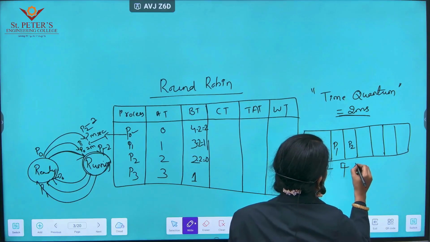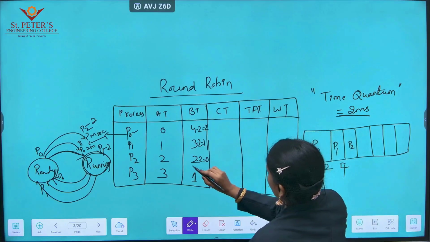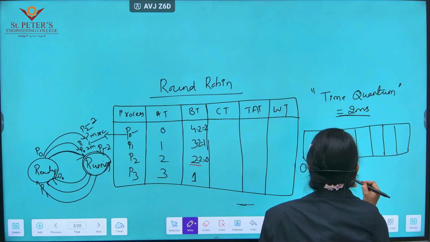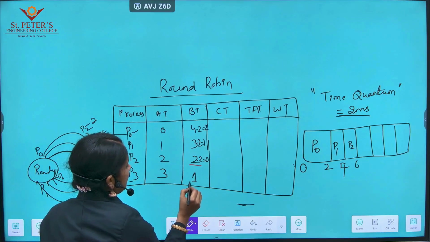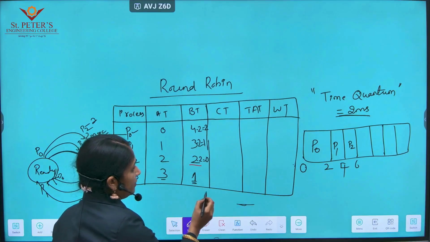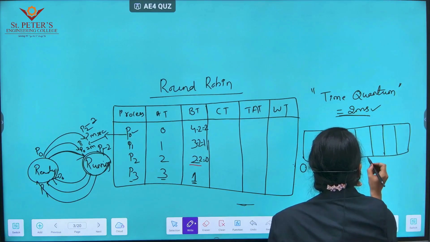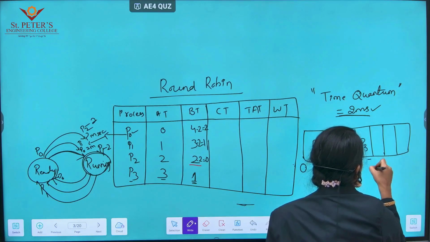Burst time is 2, so 4 plus 2 is 6. P3 came at arrival time 3 and its burst time is 1. The time quantum is 2 milliseconds, but it takes only 1 millisecond, so 6 plus 1 is 7.